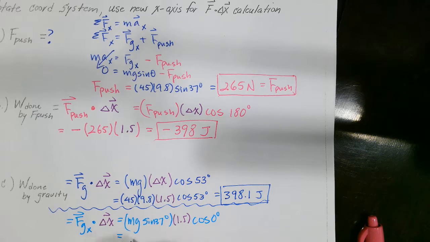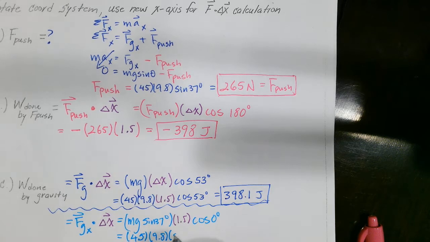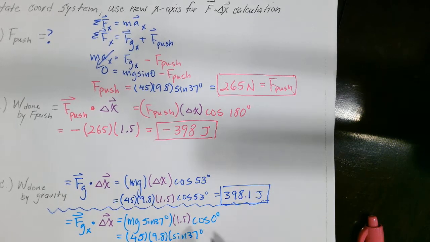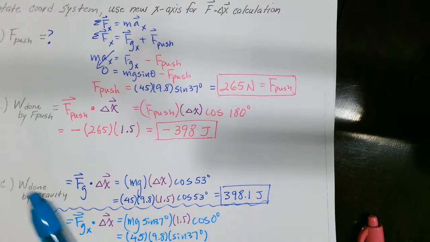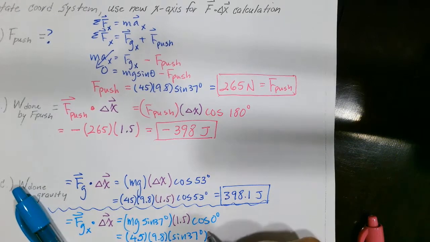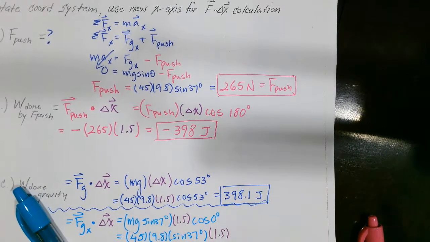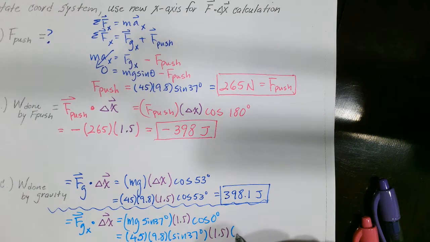So let's see what happens, right? So 45 times 9.8 times sine of 37 degrees times 1.5 times cosine of 0, which is 1.